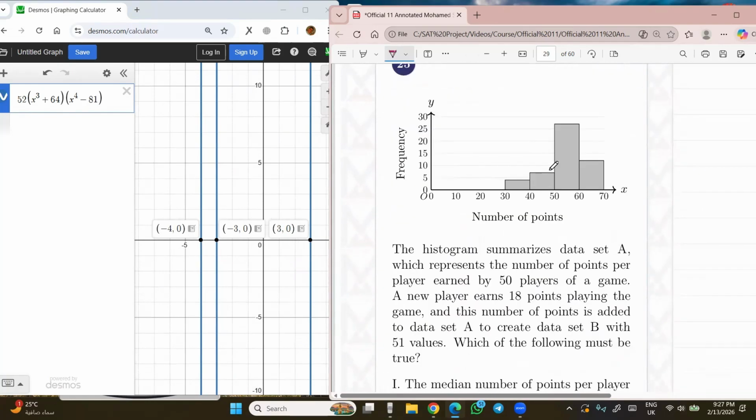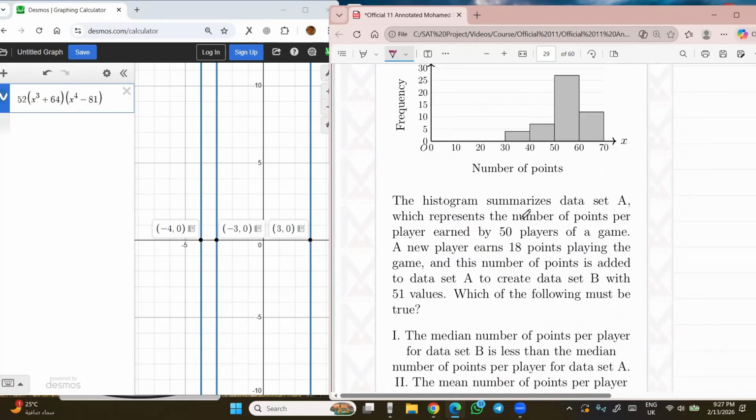Question 25, we have this diagram. In statistics, the histogram summarizes data set A, which represents the number of points per player earned by 50 players of a game. A new player earned 18 points playing the game, and this number of points is added to data set A to create data set B with 51 values.